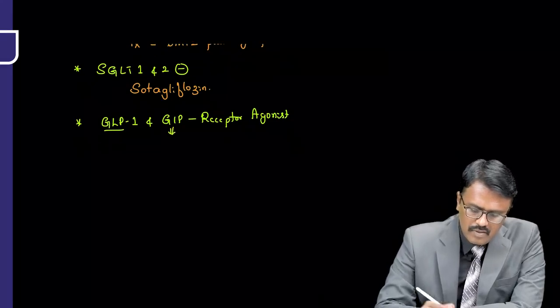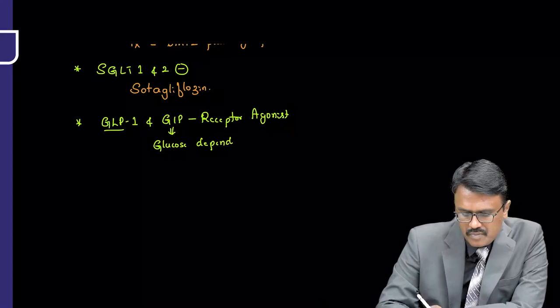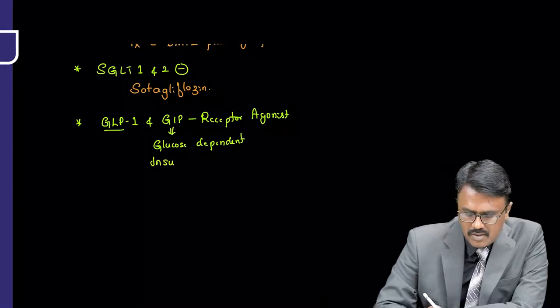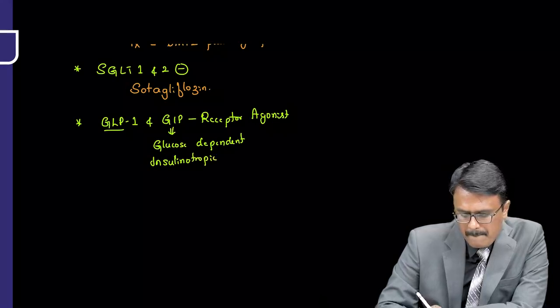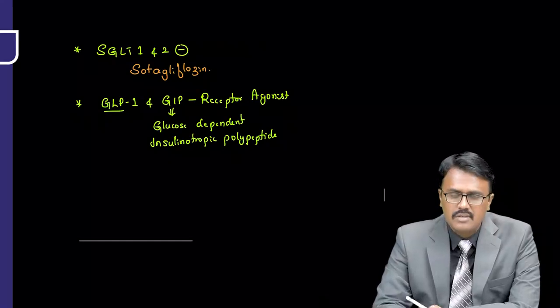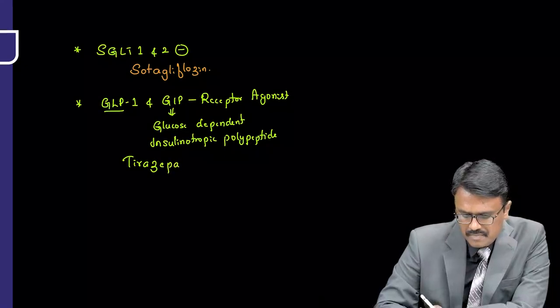One more incretin we have is glucose dependent insulinotropic polypeptide, GIP. So it is a dual acting agent, and the name is tirzepatide.